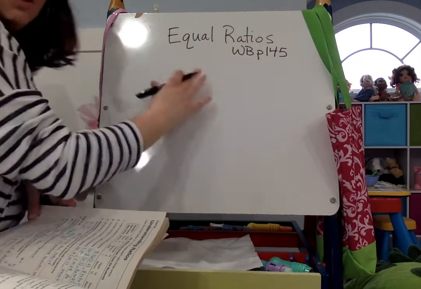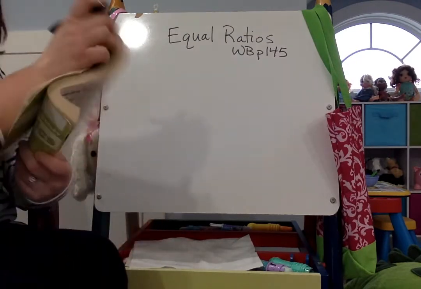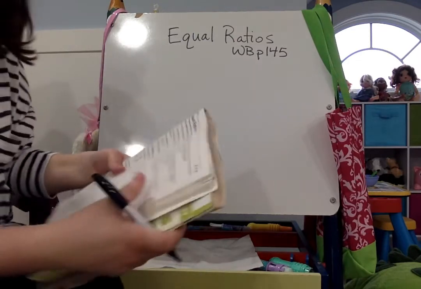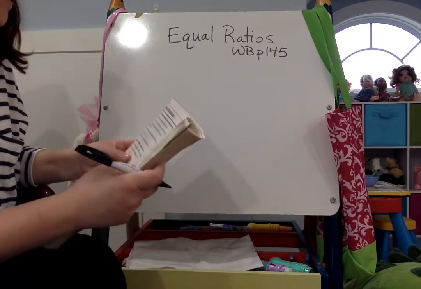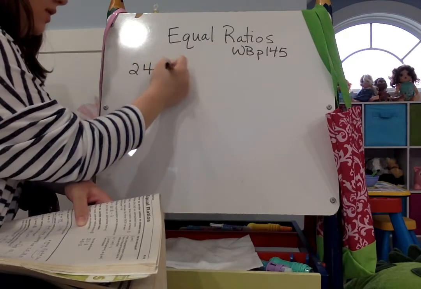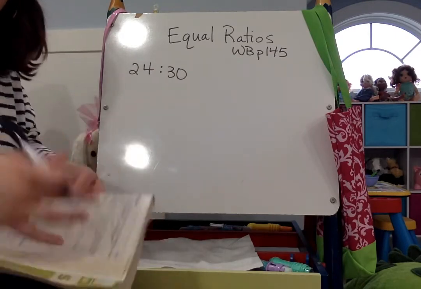So this is Tuesday's work, okay? So equal ratios at the top of page 145 on the front starts out saying how to write ratios in simplest form. We have the ratio 24 to 30 with the colon. So this is ratio form. And it says to write that in simplest form.